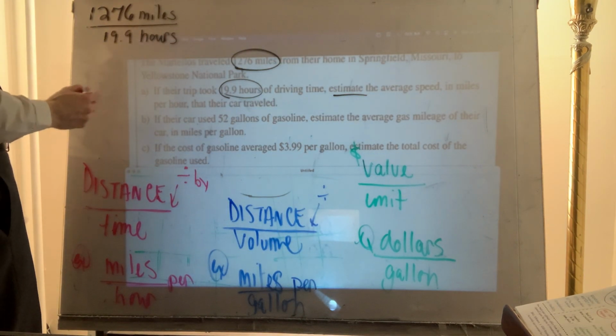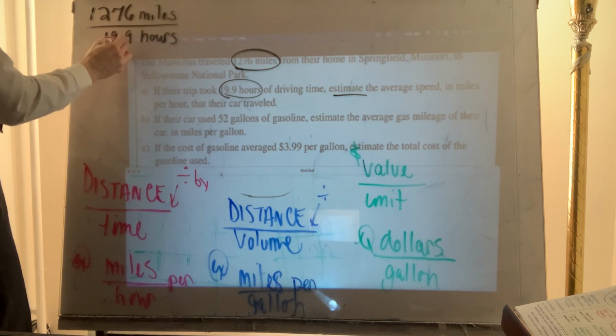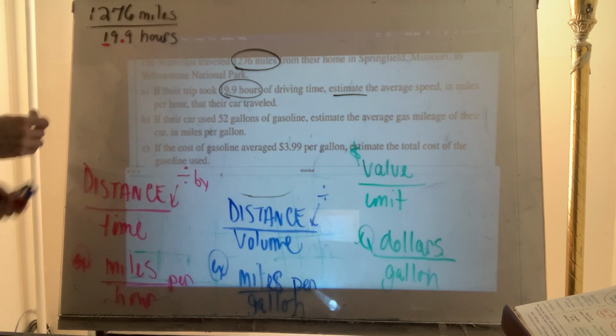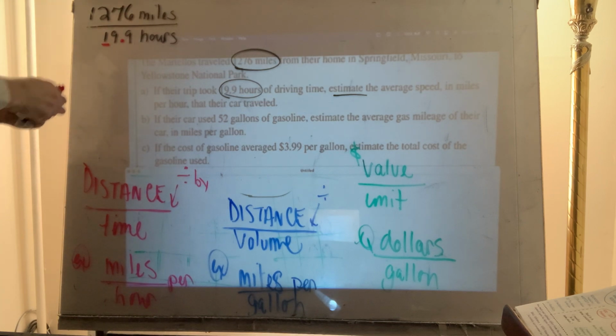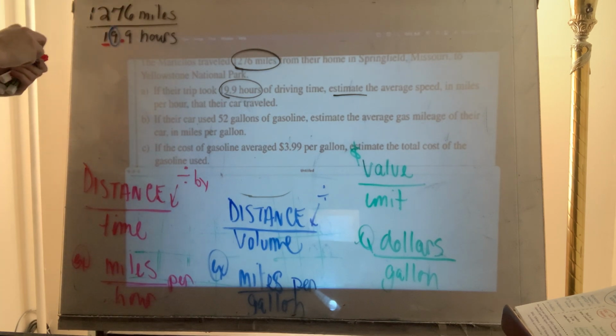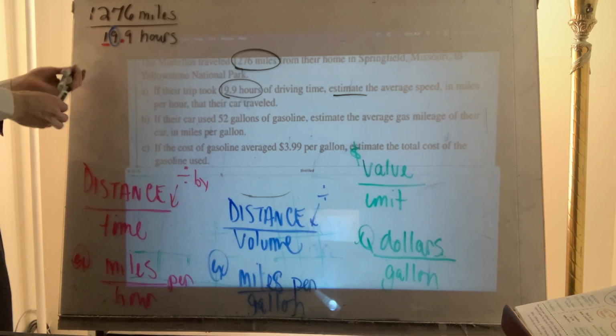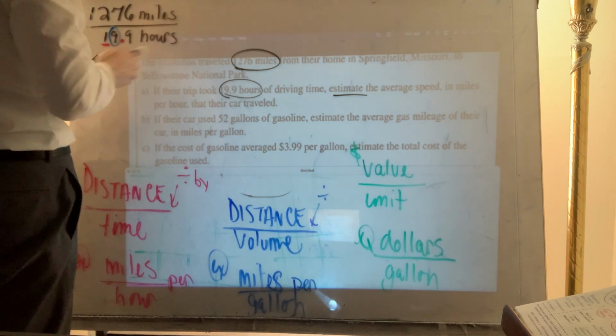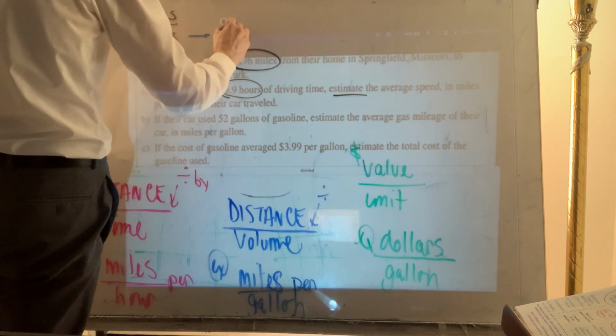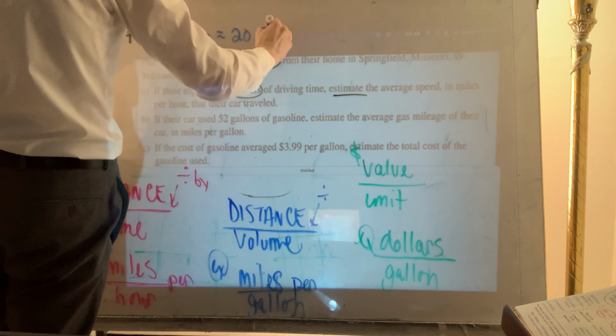So, let's start with the bottom because it might be a little bit more obvious. Let us say that we round this to the tens place. So based upon the 9 sitting here, what is this approximately in terms of time? This is about 20 hours.